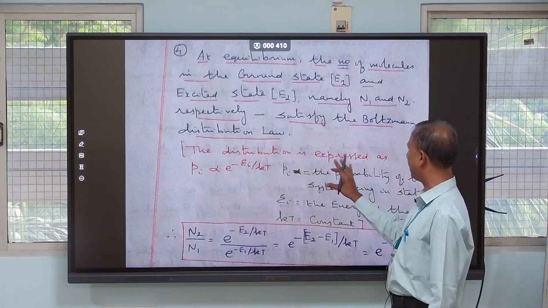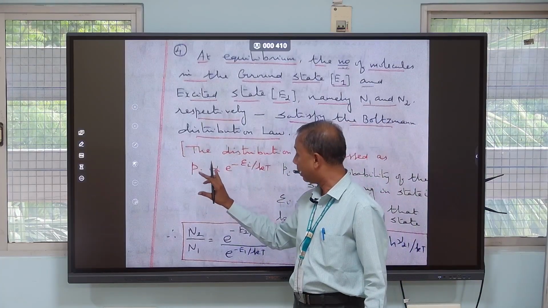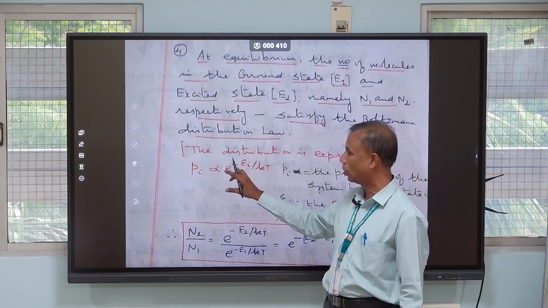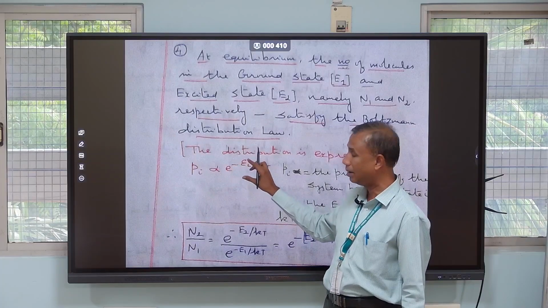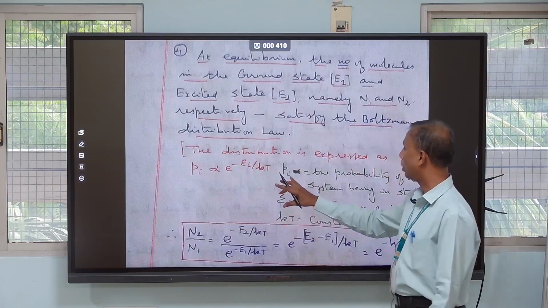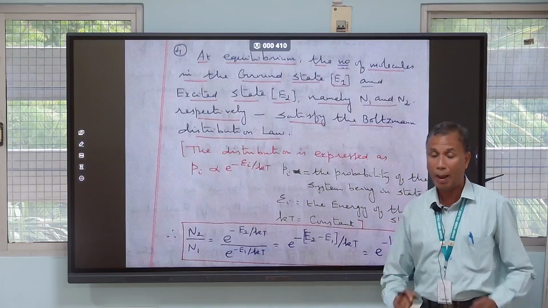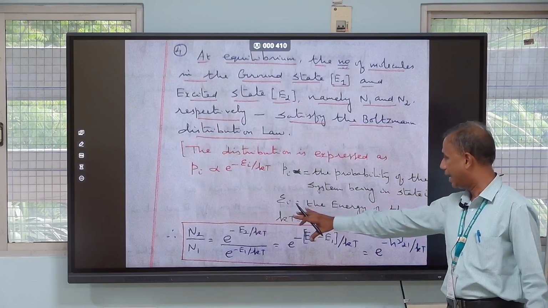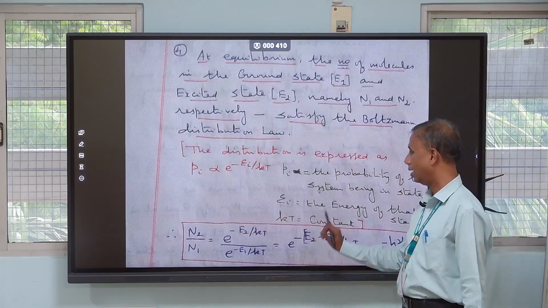Pi is directly proportional to e power minus Ei by kT. You know very well e power minus delta E by kT. Pi is the proportionality of the system being in that particular state i, Ei is the energy of that particular state or level, and k is the constant.